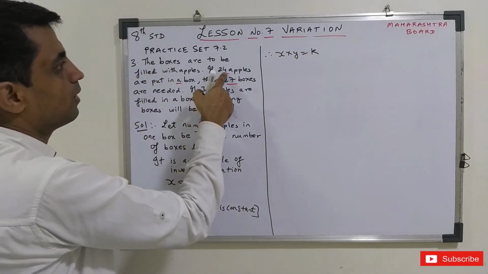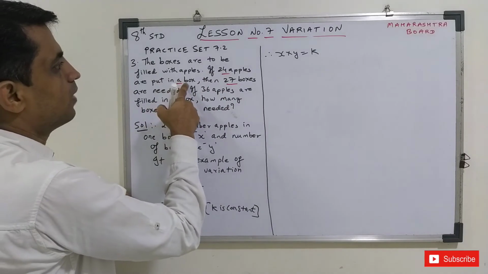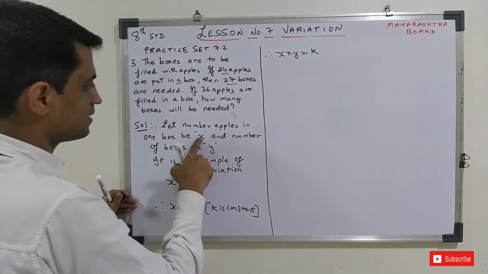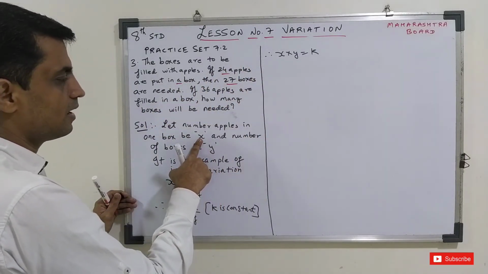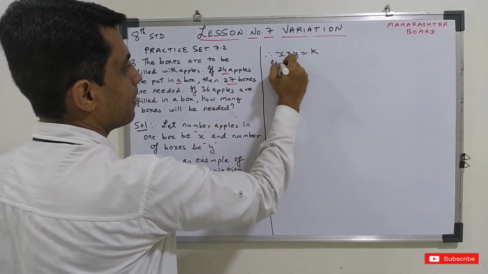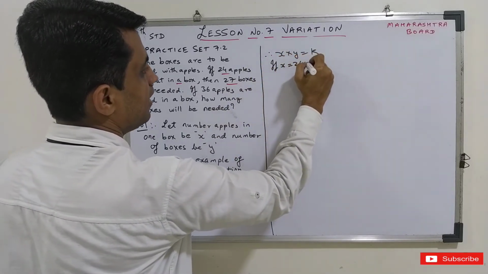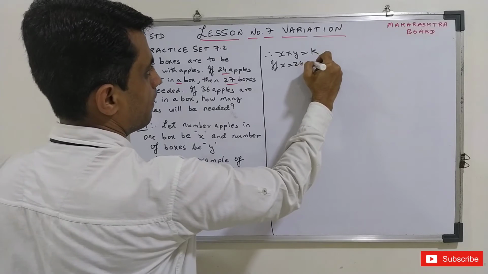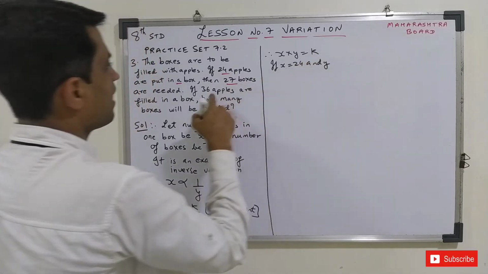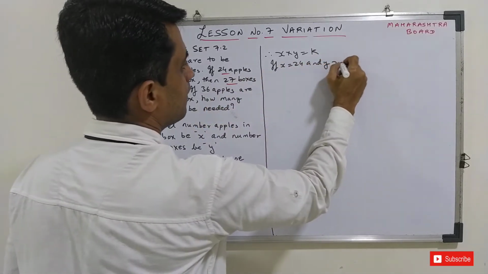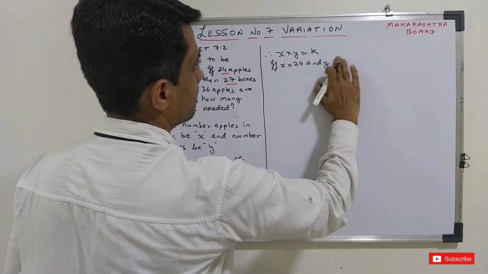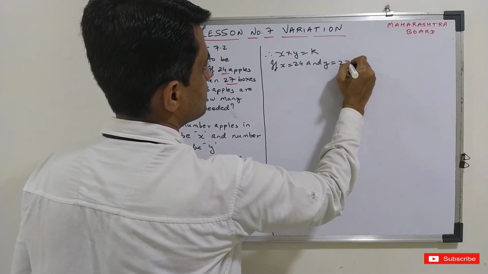Now apples in one box is 24. It means in our case x is 24, and y is 27.